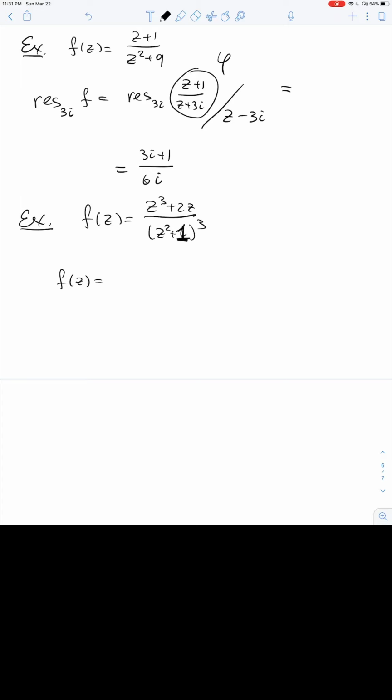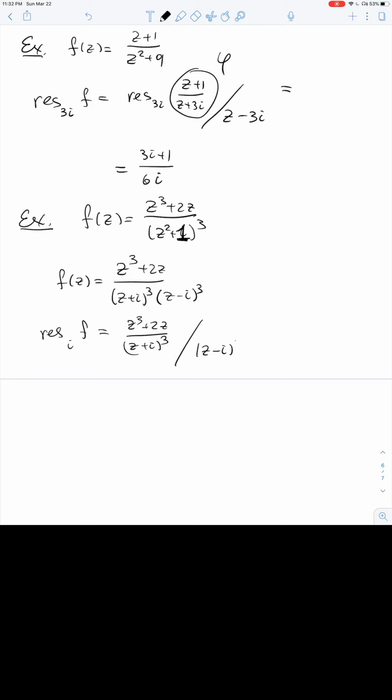But first I'll write f like this, so I'll factor the denominator. I get z plus i cubed times z minus i cubed. So if I need the residue of f at i, I'll write it like this. And this is going to be my phi.